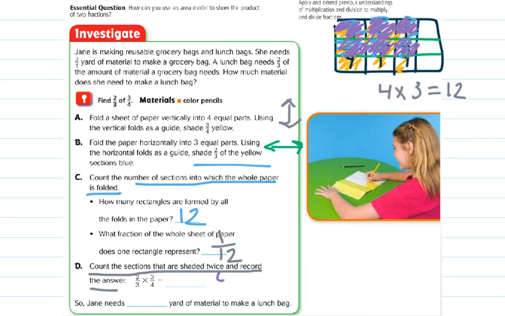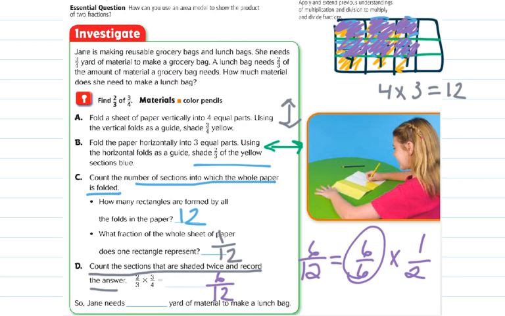So boys and girls, there are 6 out of the 12 rectangles that are shaded both colors. But we know that 6/12 is not in simplest form because the greatest common factor of 6/12 is 6, so that means that we can simplify it to being 1/2. So if we were to write down our answer in simplest form, we would say that 1/2 yard of material was used to make the lunch bags.